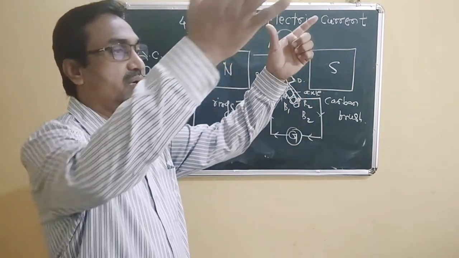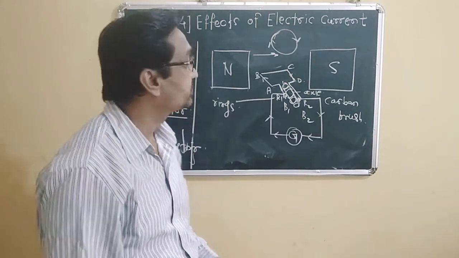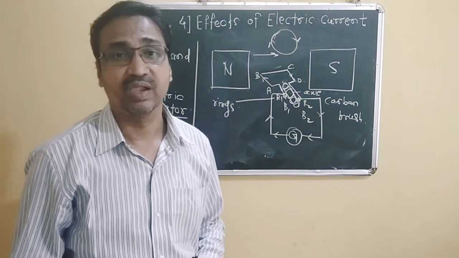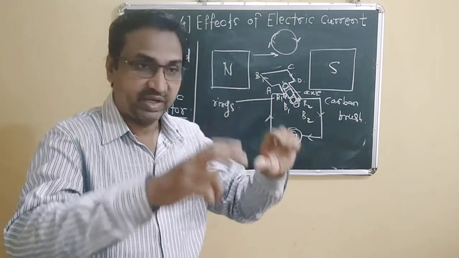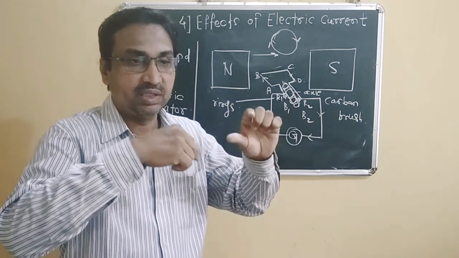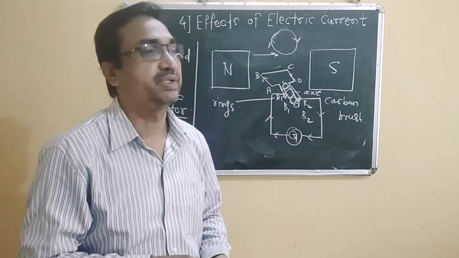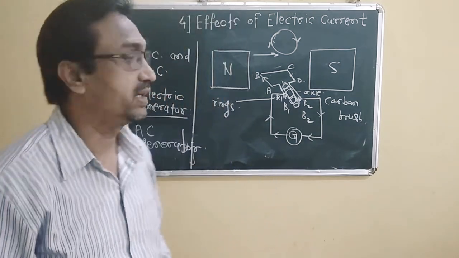When a conductor is placed in a magnetic field and we displace the magnet or the conductor, we can see there is a generation of electric current in the electric circuit.